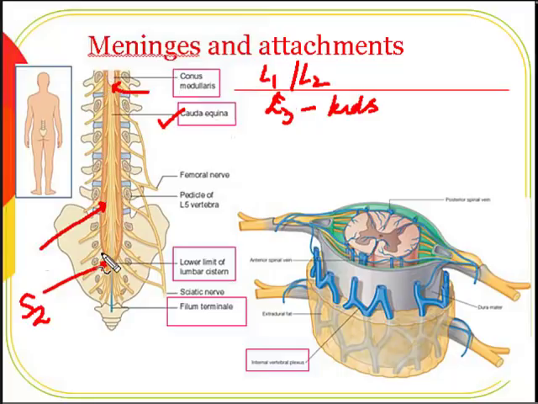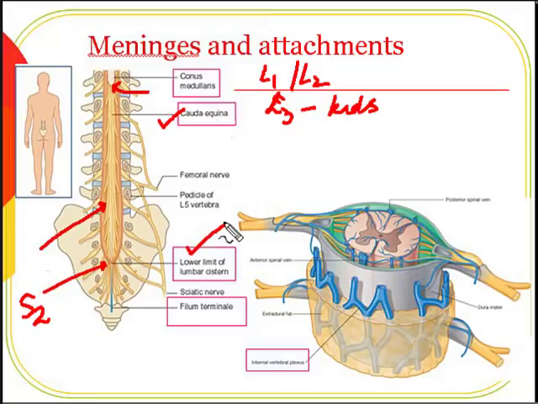And then the last nerve, which is the coccygeal, will pass out through the sacral hiatus. So that's why you have all these nerves present within the lumbar system. This part of the subarachnoid space, which continues below the conus medullaris, is known as the lumbar cistern, and we talked of this when we did the first lecture.